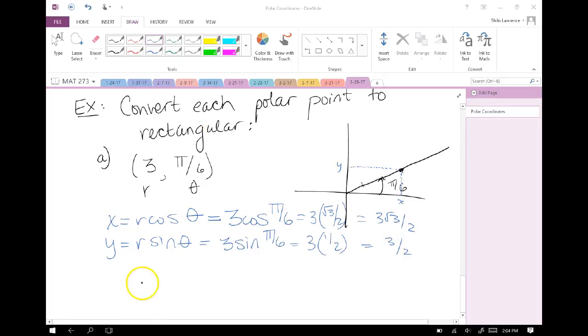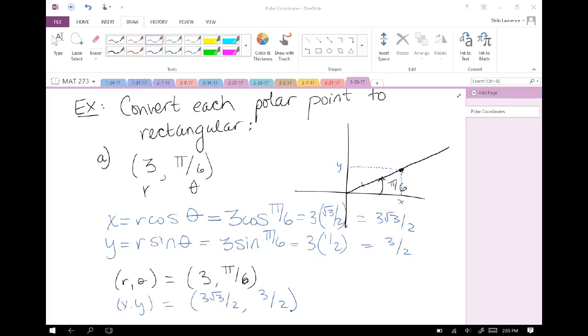So as an xy point, we've got 3 root 3 over 2 out on the x-axis and 3/2 out on the y-axis.